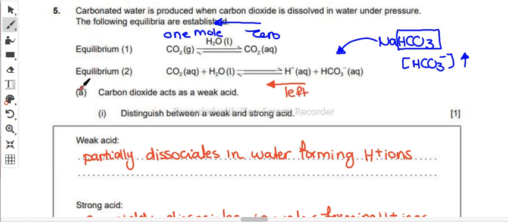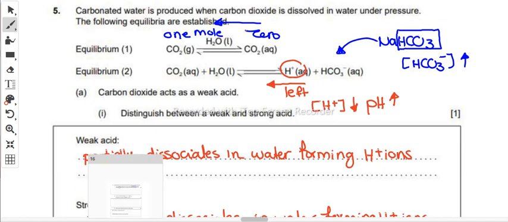So when it shifts to the left, what will happen to the hydrogen ion concentration? The hydrogen ion concentration will decrease due to shifting. So what will happen to the pH? The pH will increase. So this is how we need to think about the question. We look at the shifting part, then we consider what happens to the hydrogen ion concentration, then we refer to the pH.